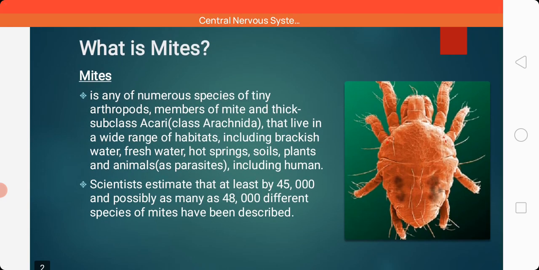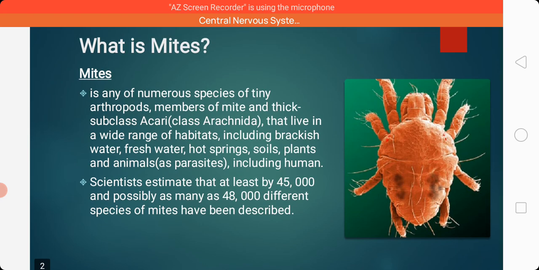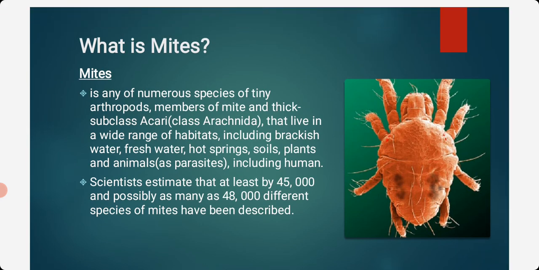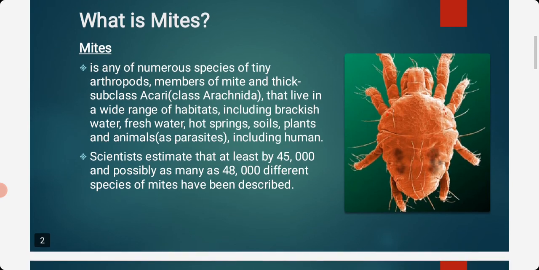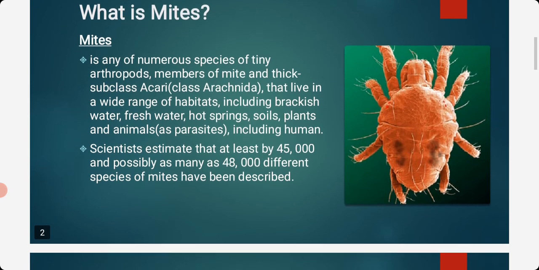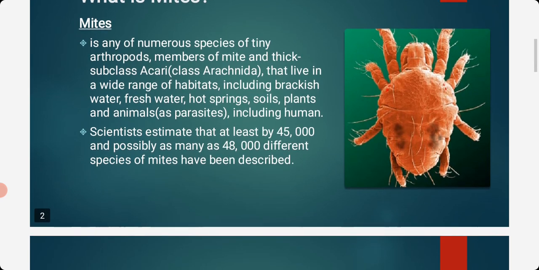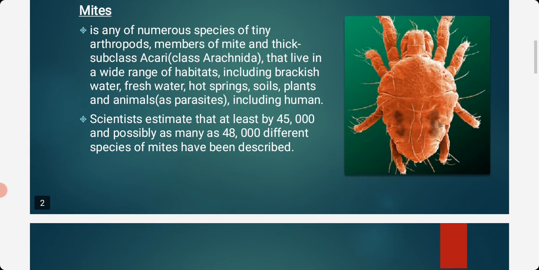Mites are any of numerous species of tiny arthropods that are members of mites and ticks under the subclass Acari of class Arachnida that live in a wide range of habitats, including brackish water, freshwater, hot springs, soils, plants, and animals as parasites, including humans.